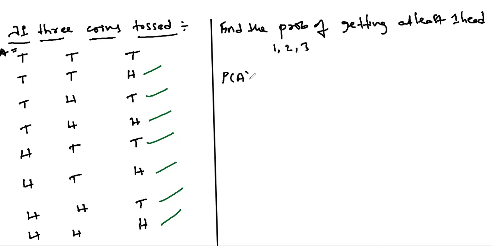Now P of A is equal to total conditions divided by 8, and now we should check this. At least one head: one is there, one is there, one is there, one is there. At least one means even if two also, three also we have to take. One is there, here one is there, here also one is there. Total how many? 7 out of 8. I think this is 15th. No, 16.